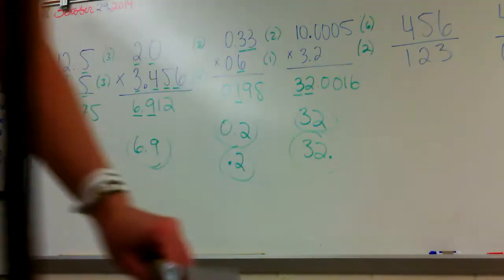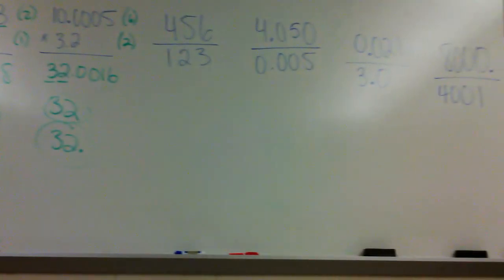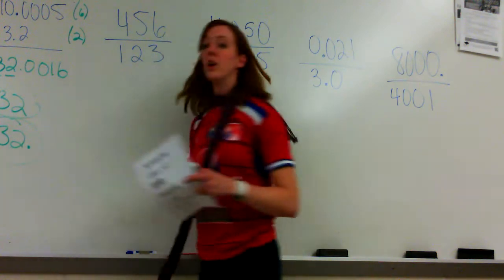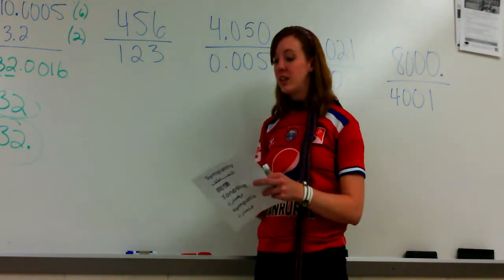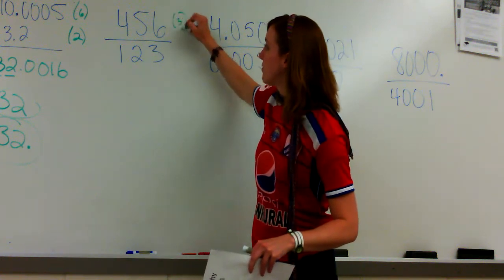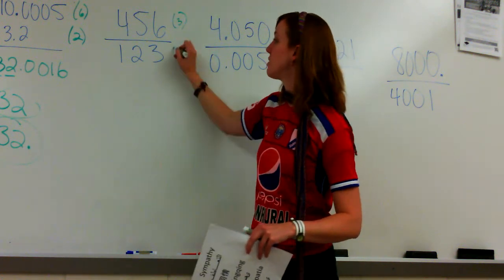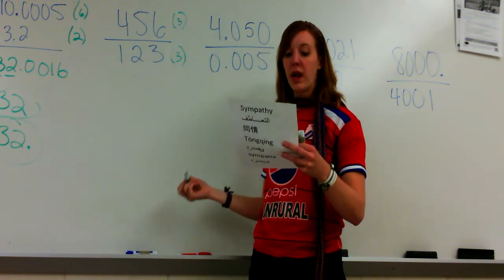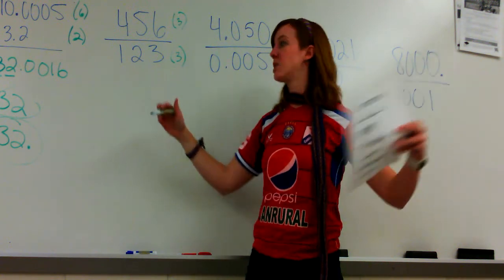Now let me move the camera. All right. 456 divided by 123. Well, I can see that this has 3 significant digits, and that also has 3 significant digits. So my calculator gives me lots of digits.